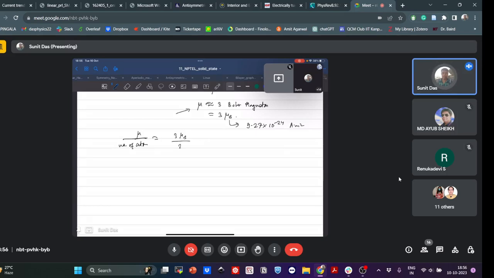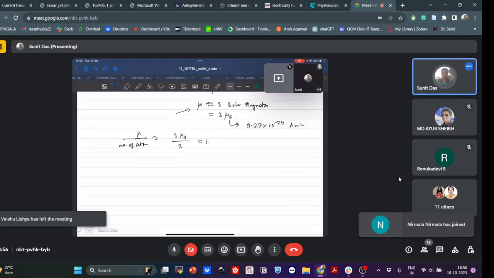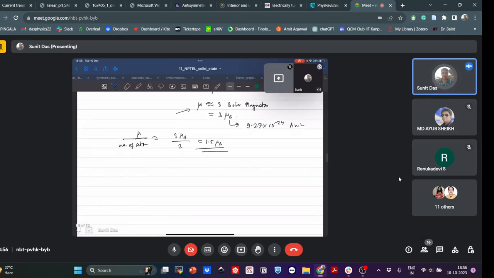The number of atoms in a body centered cell is 2, right? So 1.5 mu B. So this is the final answer. Each atom in the unit cell contributes 1.5 Bohr magneton. Okay, so next question.